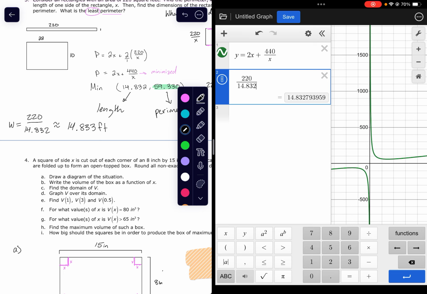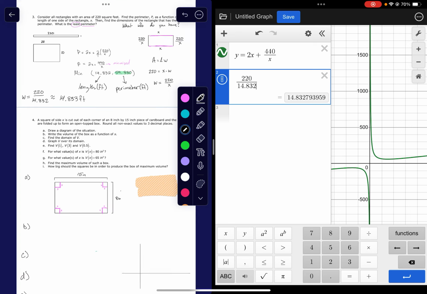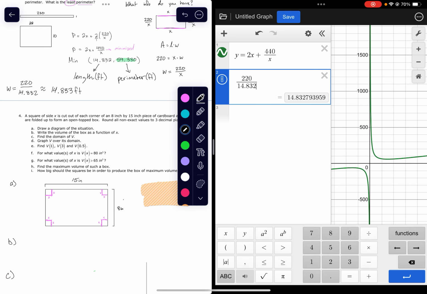And we're going to put units of feet on here. I'm going to put units for feet and feet for perimeter as well. Just pay attention to the units there, and you'll get full points on a skill check. Okay?